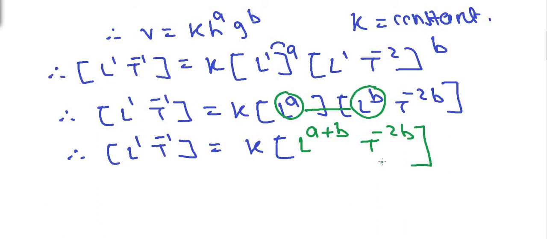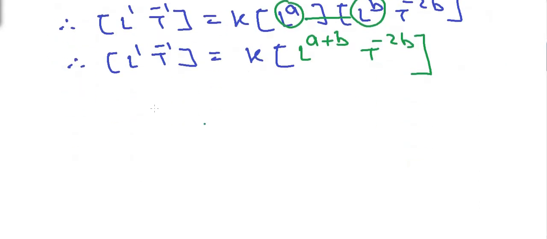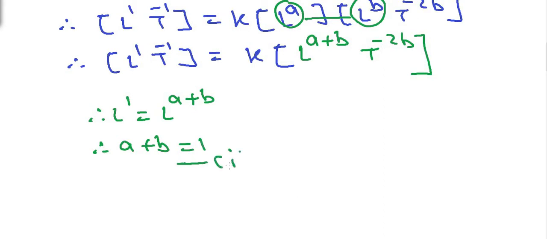Now since this is the equation, let us equate the dimensions on the left hand side and the right hand side. Therefore L raised to 1 is equal to L raised to a plus b, so we get a plus b is equal to 1. Let this be equation number 1. Now we equate the dimensions for time.